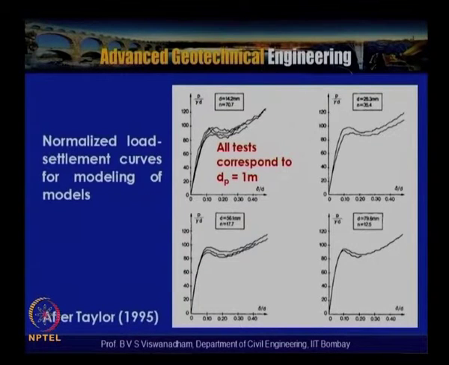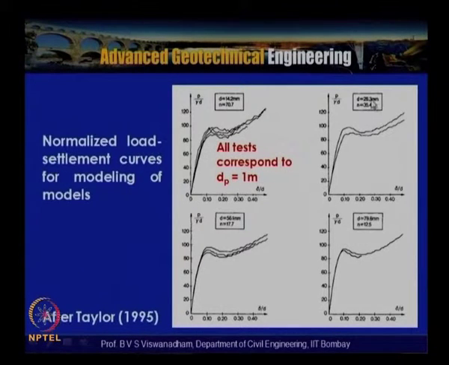In order to see to what extent these effects will be there, and to verify that, what has been done is this P by gamma D plot. This test data is for a diameter of 14.2 mm tested at 70.7 g to yield a footing of diameter 1 meter.